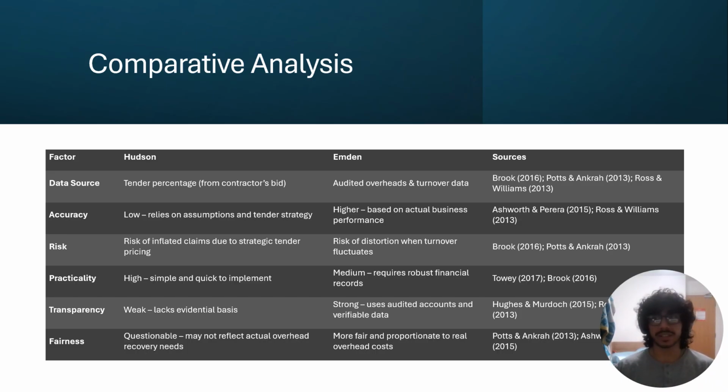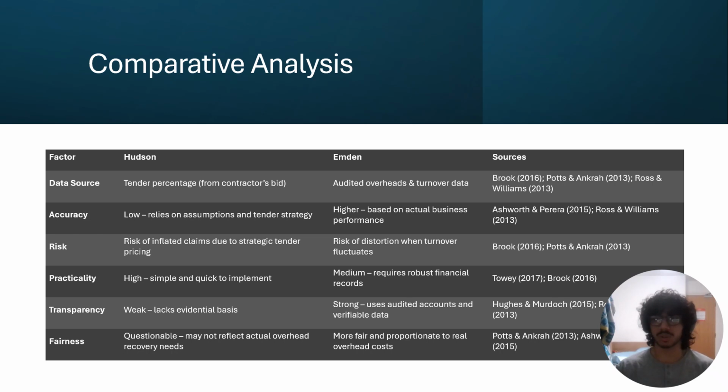Here in the table, we can see the two formulas going head to head. Hudson is easy to use but weak in accuracy and transparency. Emden has a strong evidential basis but becomes unstable when turnover fluctuates, especially during market changes or years of abnormal workload. Brooke, Ross and Williams, and Ashworth and Pereira consistently show the real cost behavior is too complex to be captured through a single percentage figure.